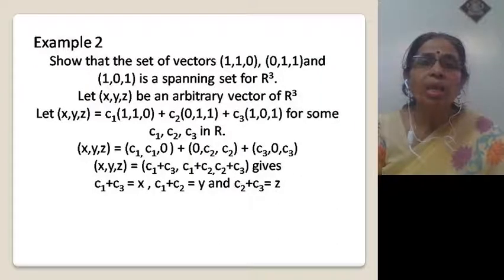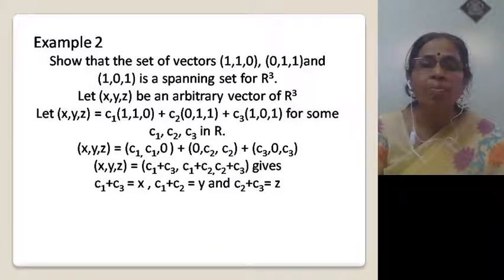So we write x, y, z is equal to c1 into 1, 1, 0 plus c2 into 0, 1, 1 plus c3 into 1, 0, 1 for some c1, c2, c3 in R. Therefore, x, y, z is equal to c1, c1, 0 plus 0, c2, c2 plus c3, 0, c3.